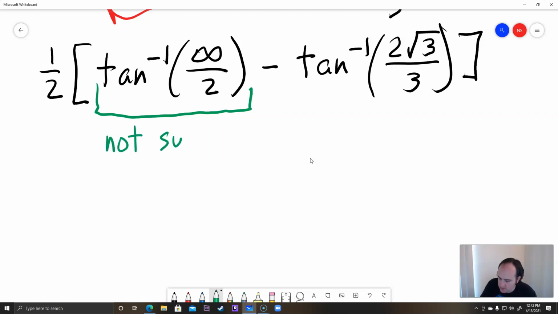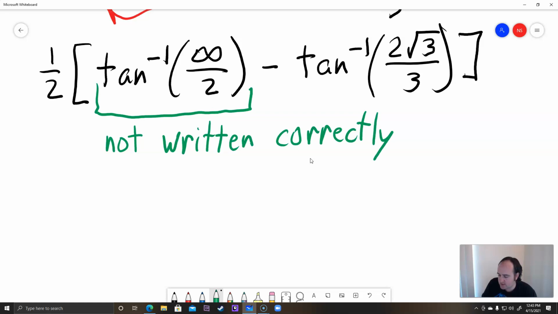You're not supposed to write it this way. So this isn't written correctly, is what I want to say. I mean, some people can just write it that way, but it's not really 100% correct. So what you're supposed to do is write it as a limit.